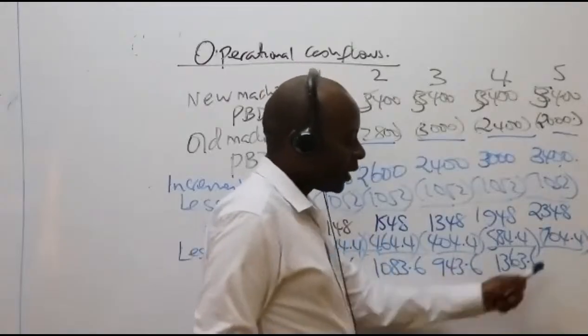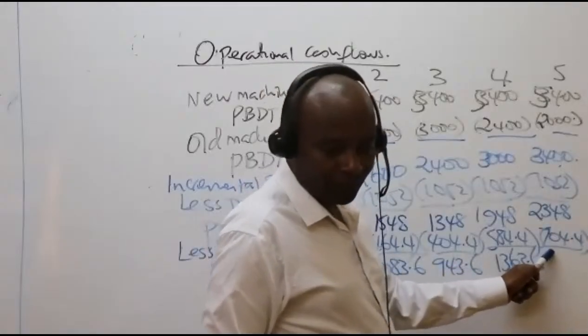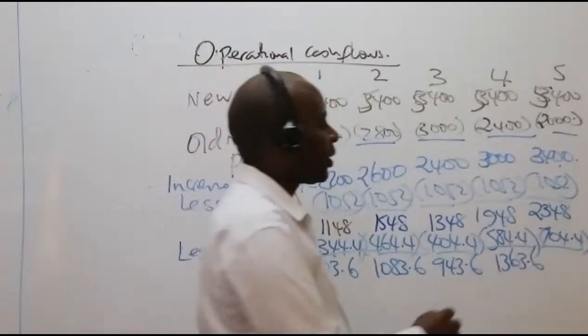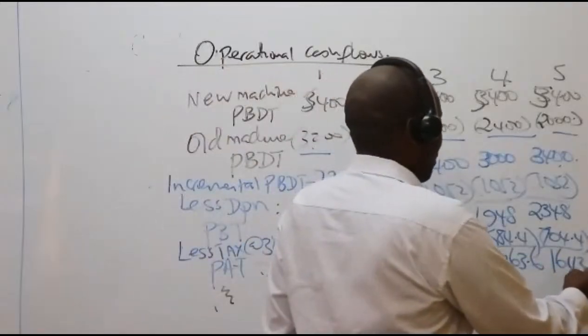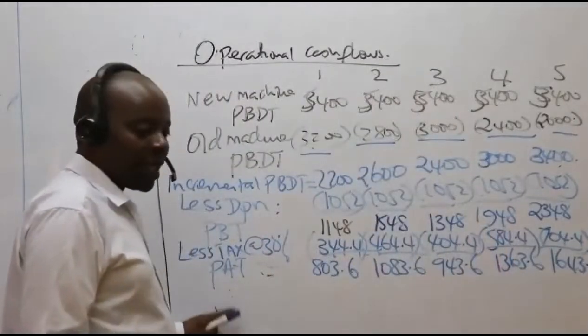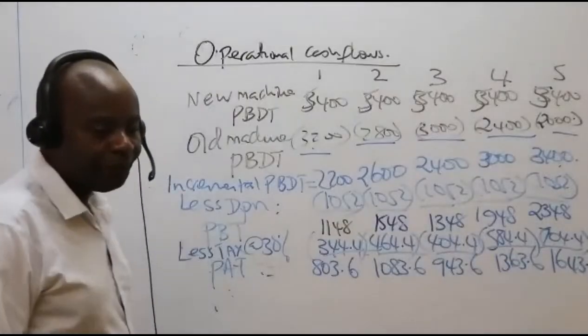I think the 16 one is here. The last one, 1643.6. So having gotten this profit after tax, what do you think will be the next thing to be done?